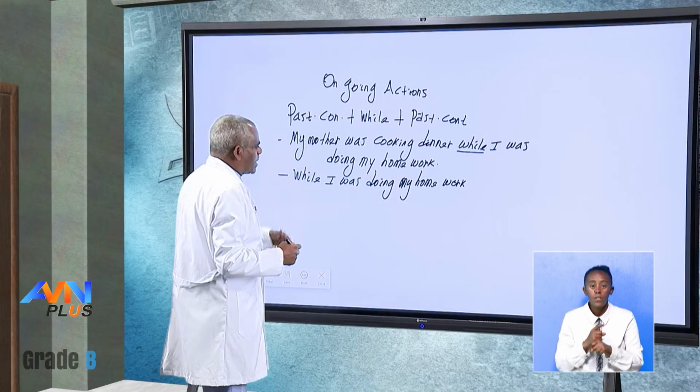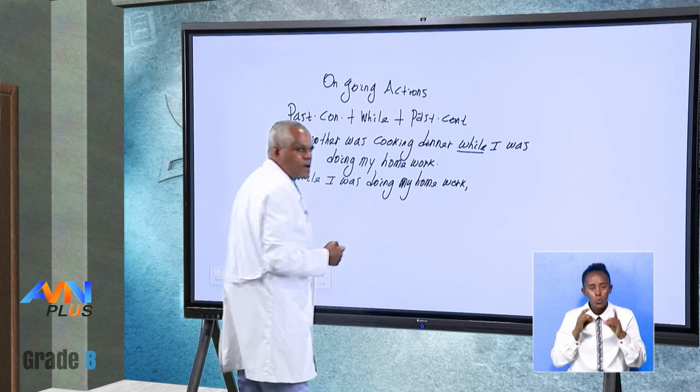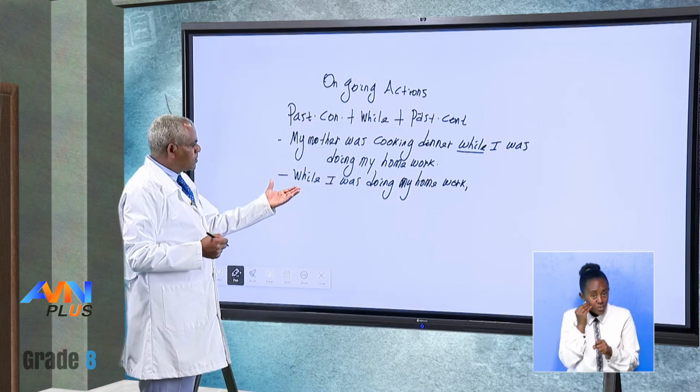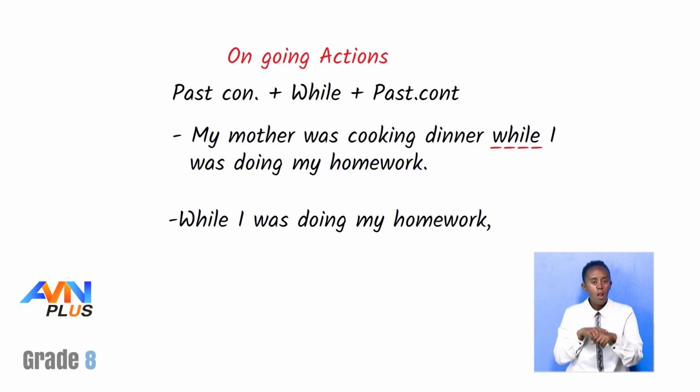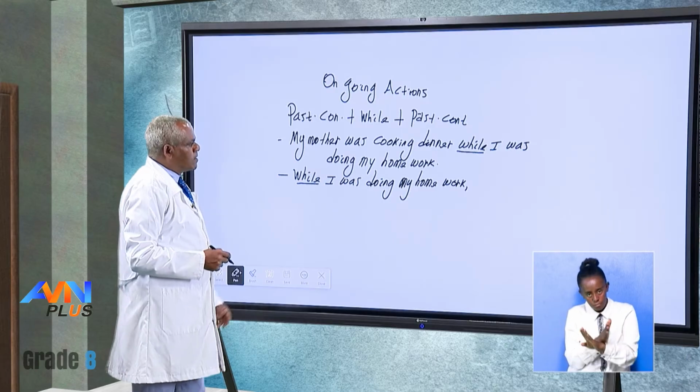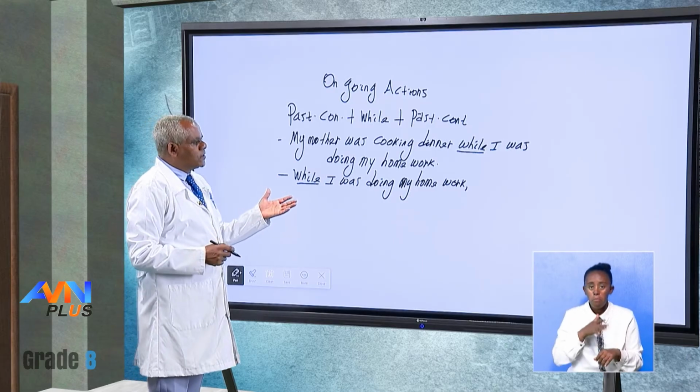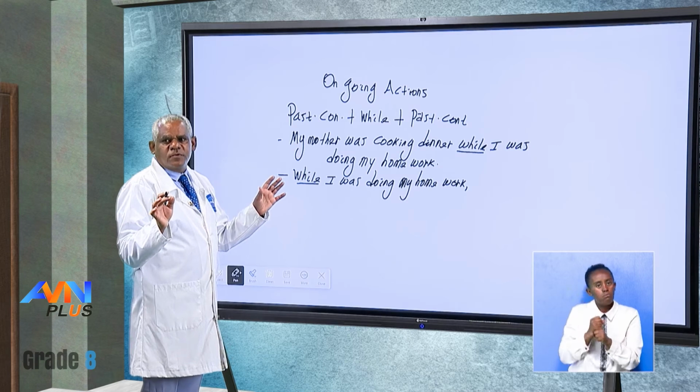Don't forget that because while comes at the initial position, a comma follows. It doesn't matter: while my mother was cooking dinner, I was doing my homework. Both are acceptable. Please don't forget this one.